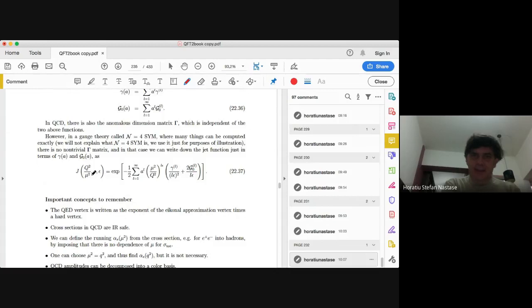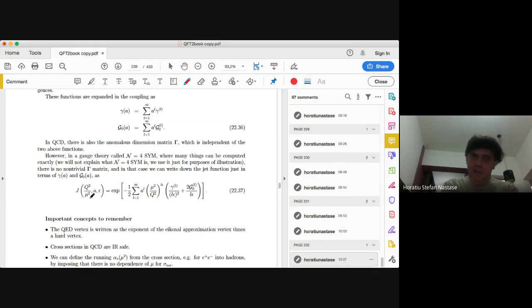So in this very simple case, the jet function J, as I said, depends both on collinear and on soft divergences, therefore on both anomalous dimensions. So indeed, in this case, it's an exponent. In the exponent, I have a sum over loops, an expansion in the coupling.